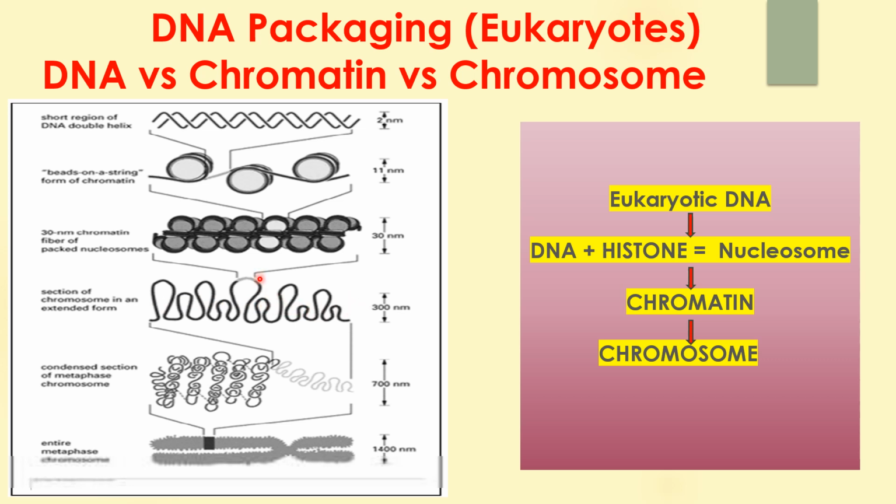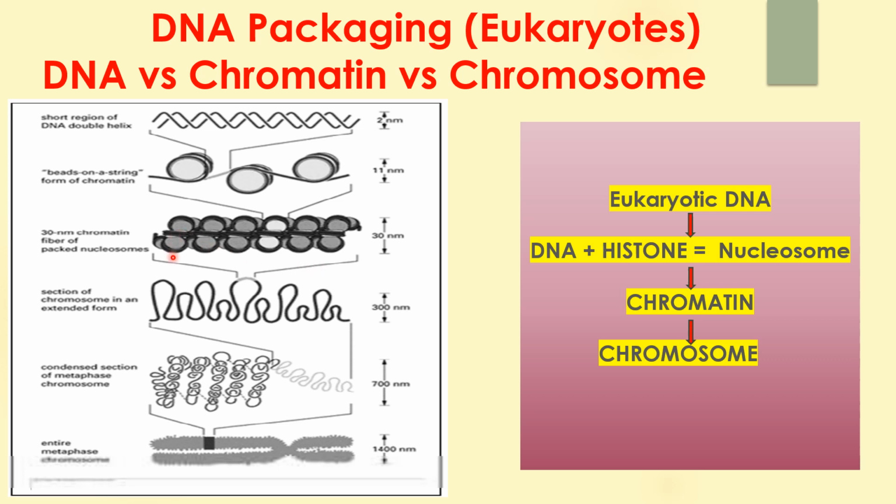If you magnify a portion of this chromosome, you will see that the DNA is packed around the protein, the octamer, that is histones. So we all know DNA plus histone gives the nucleosome. Then what is chromatin? See, chromatin is nothing but a number of nucleosomes.